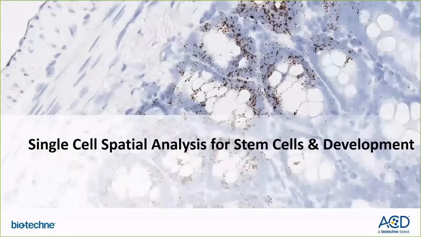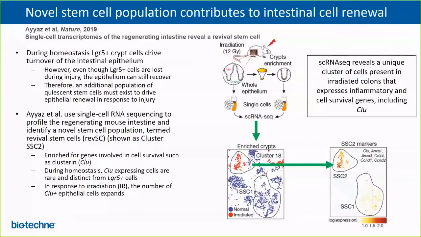The last research area I'd like to highlight is single-cell spatial analysis for stem cells and development. During homeostasis, LGR5-positive intestinal crypt cells drive turnover of the intestinal epithelium. However, even though LGR5-positive cells are lost during injury, the epithelium can still recover.